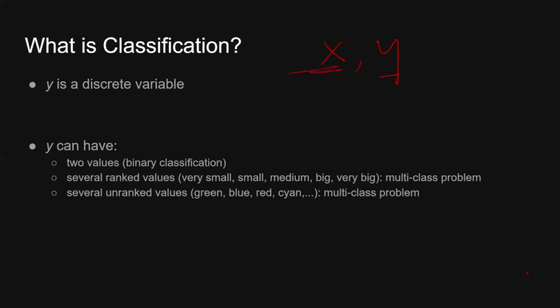For feature vector, there can be some arbitrary numbers, but y here in the classification problem can either be a discrete variable or the one-hot encoding. Okay, so the classification label y can be a numerical index, 0, 1, 2, 3, 4, such, or it can be a one-hot encoding.